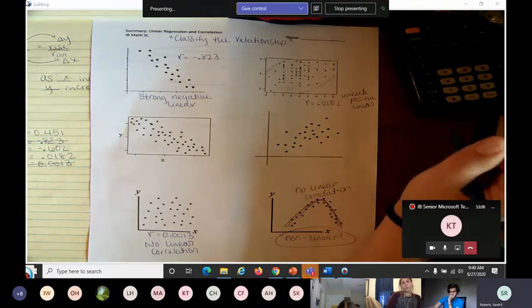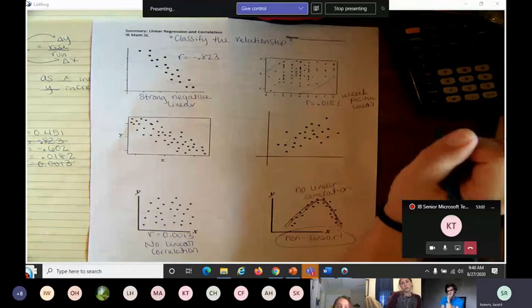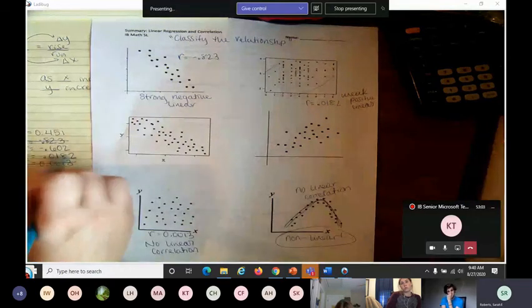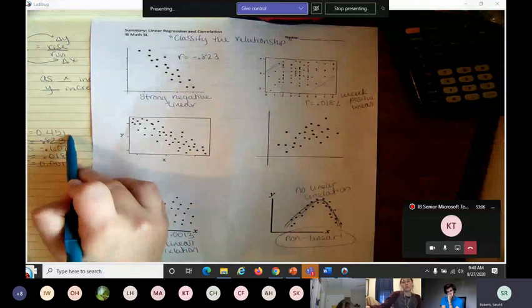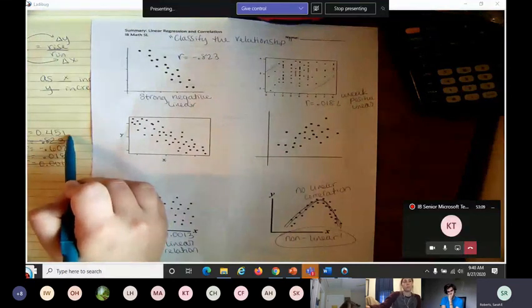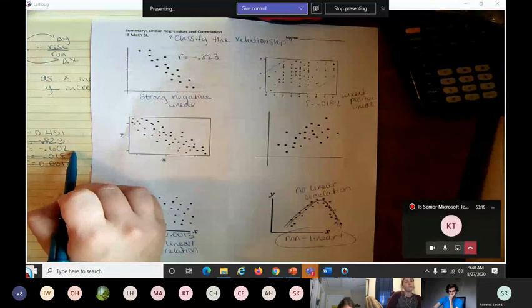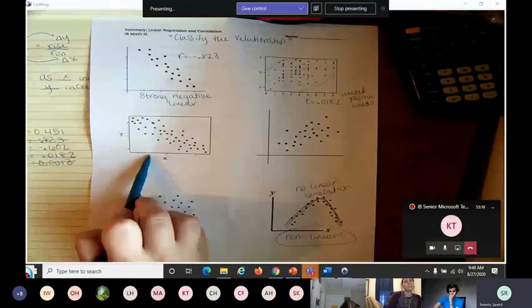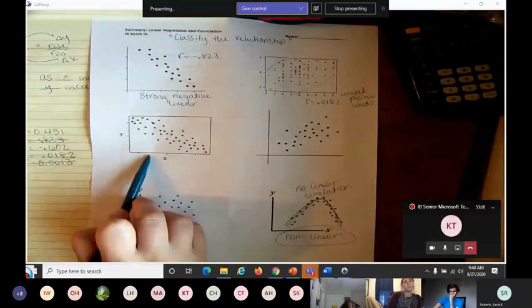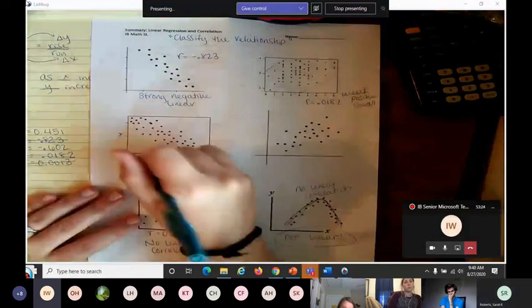Okay. So we have two left, the two in the middle. We have one that has a moderate correlation and it's positive, and one that has a moderate negative correlation. So which one should be which? So the graph on the left should have which R value? The negative one, negative 0.62.